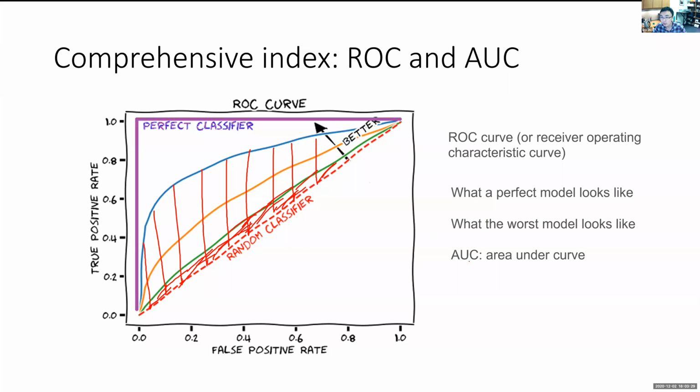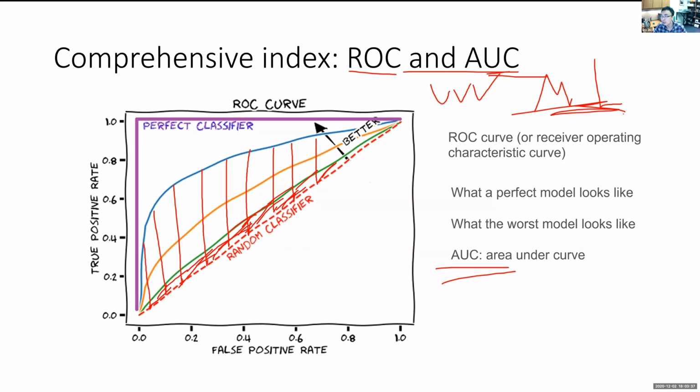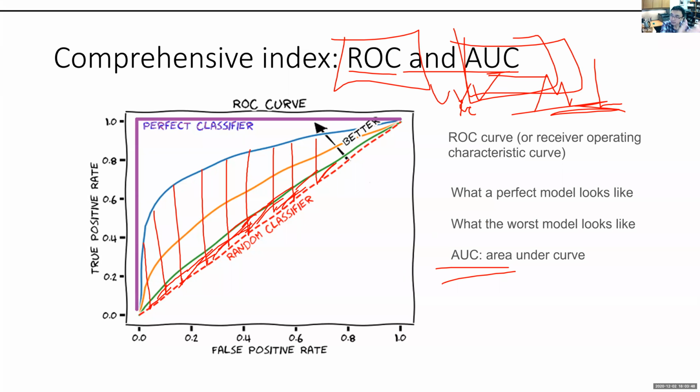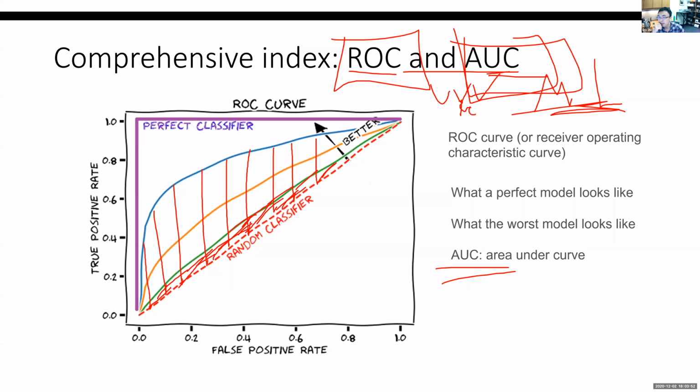Make sense? So AUC, once again, ROC and AUC, that's all very popular indicators in machine learning. So if you check machine learning papers, you will see, oh, the AUC of my model is this, the ROC of my model, AUC of my model is this, the recall rate of my model is this. This is all how they calculate everything. Make sense? All right.